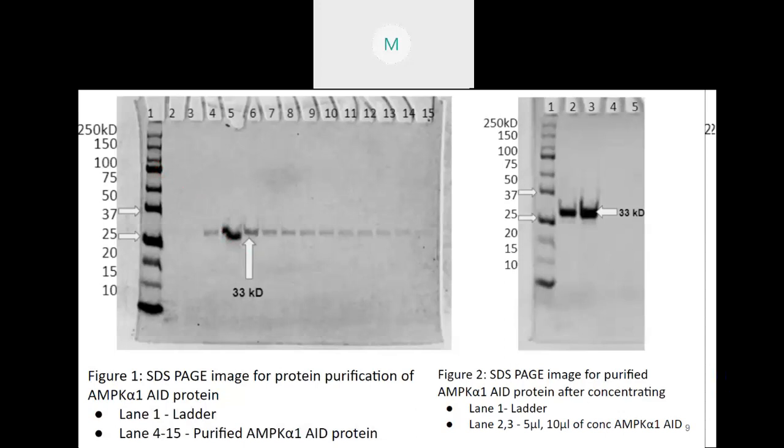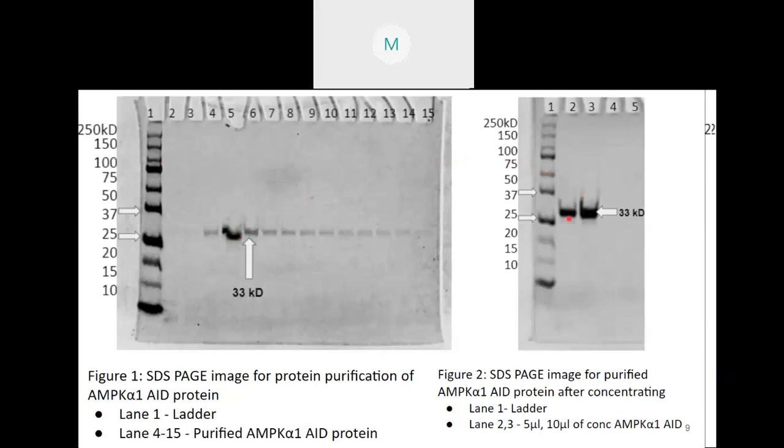So I purified my correct protein as shown in the image. That means it is between 37 and 25 kilodalton. So my protein is 33 kilodalton. So I am sure this protein is purified now.